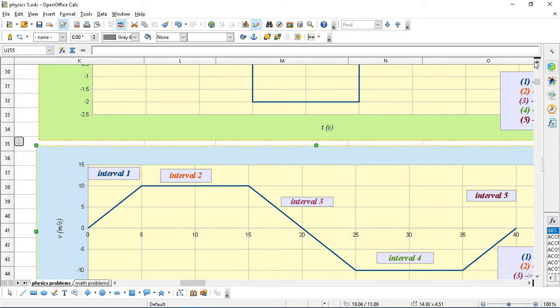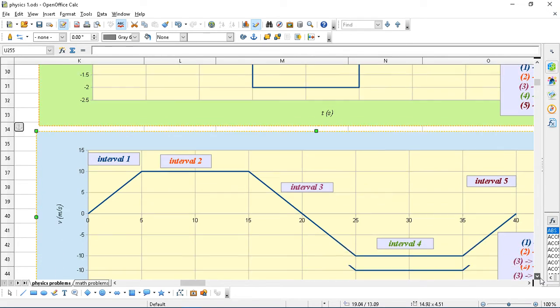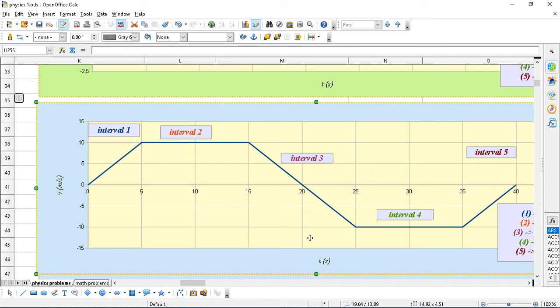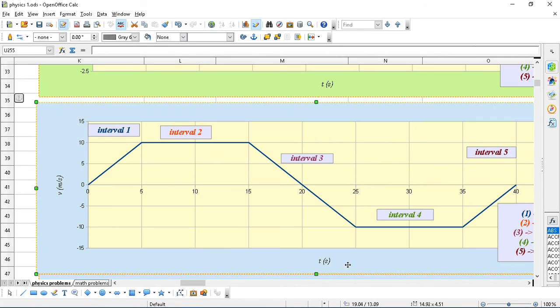For interval 3, again, the acceleration is minus 2, so we have a decreasing velocity. Velocity starts at 10 meters per second at 15 seconds and ends at minus 10 meters per second at 25 seconds. For interval 4, the acceleration is 0 and the velocity remains constant at minus 10 meters per second from 25 seconds to 35 seconds.